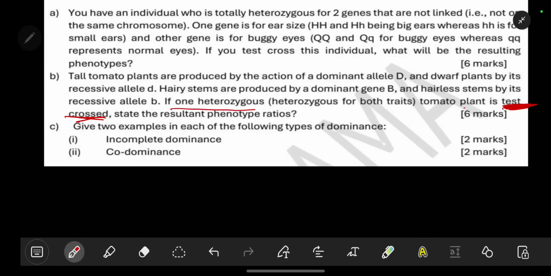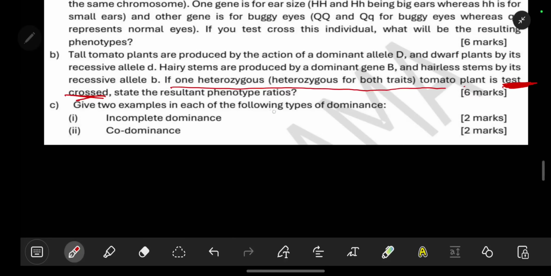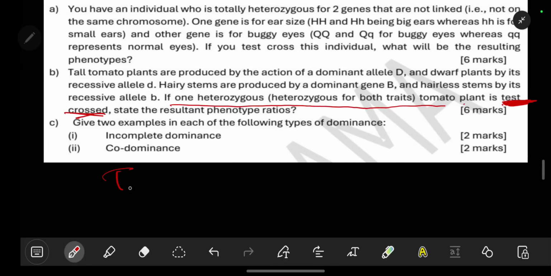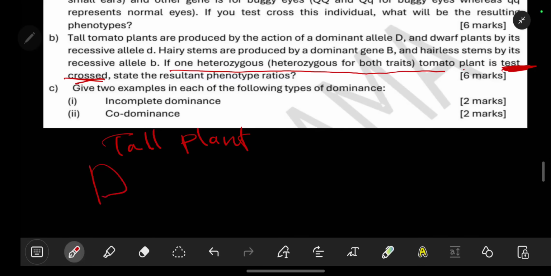It is heterozygous, meaning for the tall plant it is represented by big letter D and small letter d, since it's heterozygous, meaning both are present. Then when we look at the stems, hairy stems is represented by big B, small b like that.